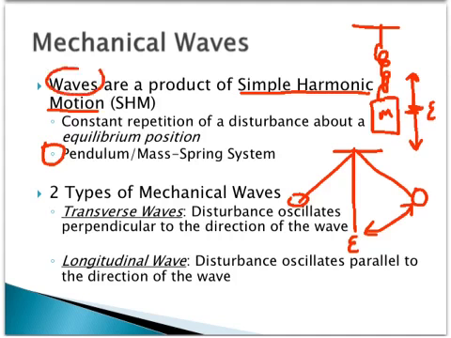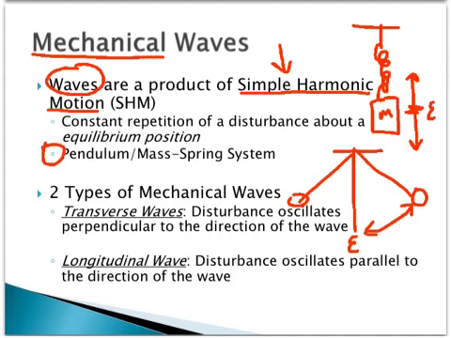A full, complete wave is still a product of a disturbance. In this case, the disturbance is simple harmonic motion, or repetitive disturbance. That's the cause of really all types of waves, either mechanical or electromagnetic. But now we're focusing on mechanical waves, which remember require a medium.